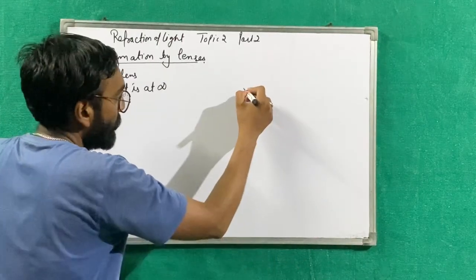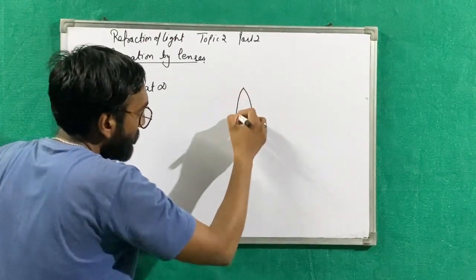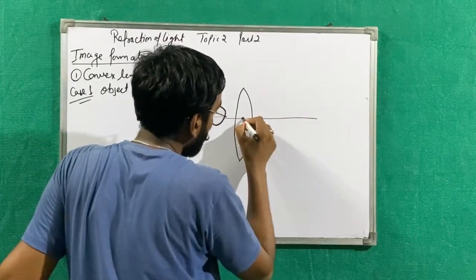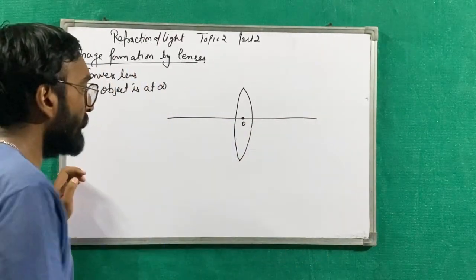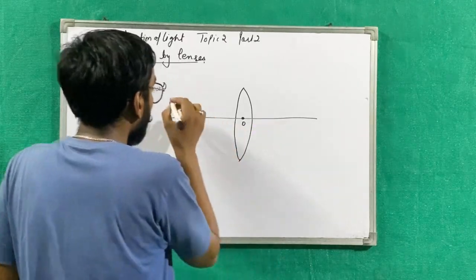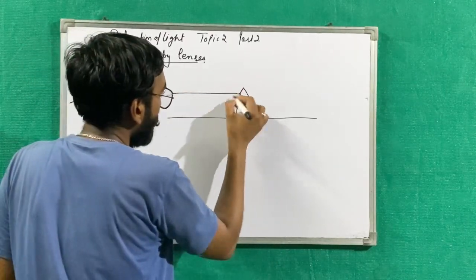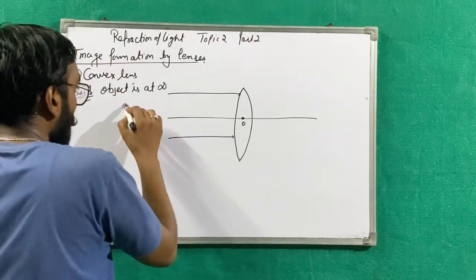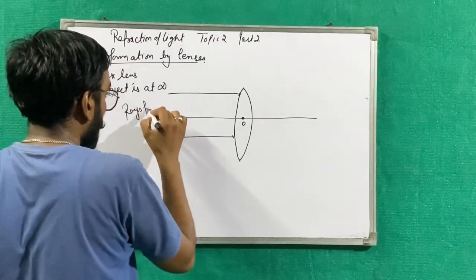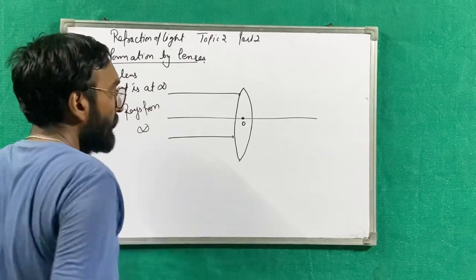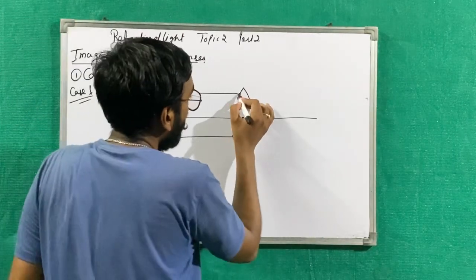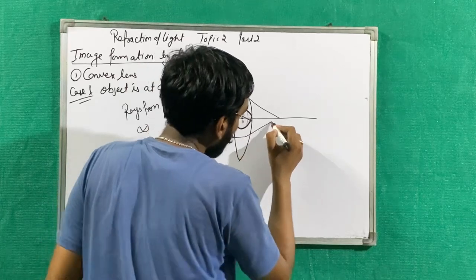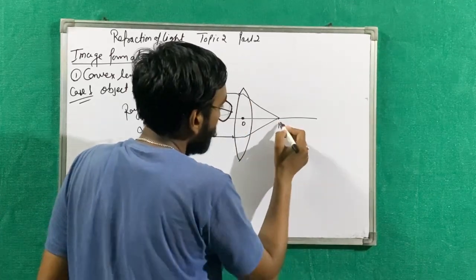Firstly, the lens is placed, the principal axis passes through the lens, and the object is placed at infinity like this. Rays from infinity will refract and meet at a point called the focus.